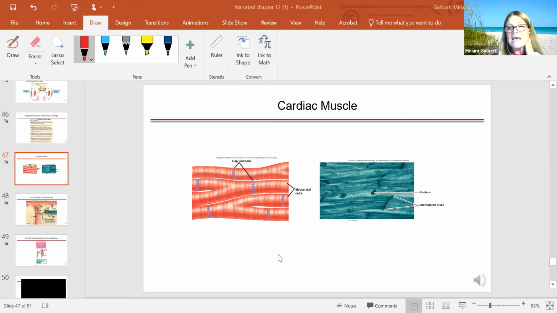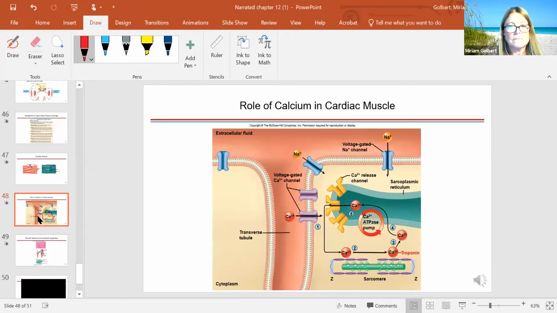One thing, heart tissue relies more on extracellular calcium than skeletal muscle. So even though they have sarcoplasmic reticulum in cardiac muscle, they also have calcium coming from the extracellular space. So here's how you see calcium coming from the extracellular space.